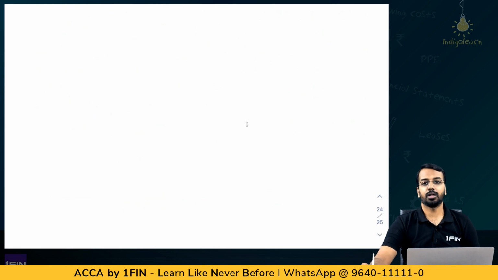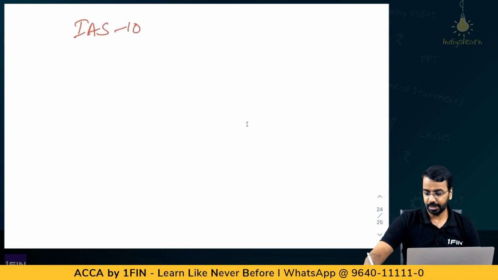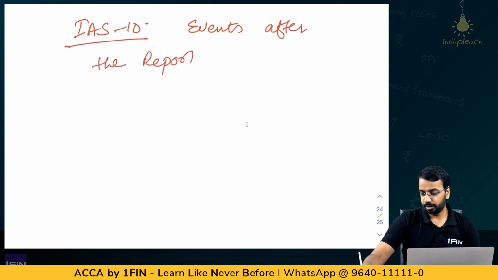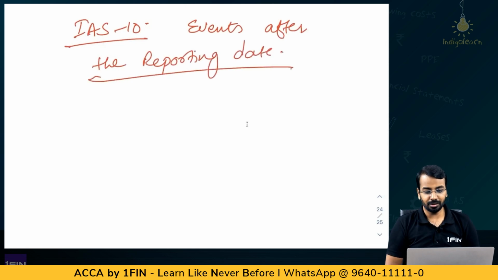Now we move to the next standard, which is IAS 10, events after the reporting date. A very simple standard, and the thing that you need to understand or identify here is there are events which occur after the reporting date.